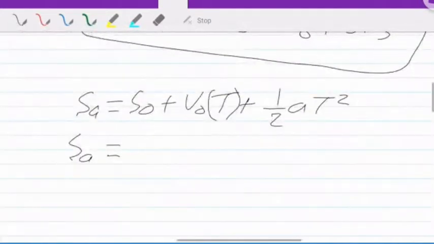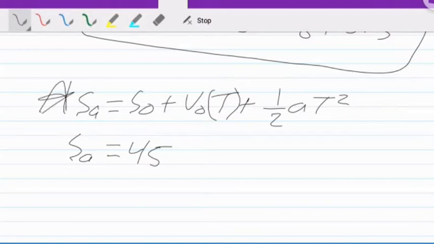So his original displacement is going to be 45, and this equation is from the time that he hits his brakes. That's why his S naught is 45, because we're equating it all back to the origin.